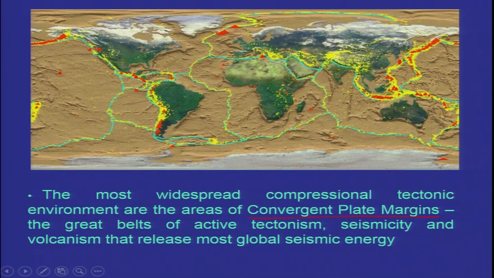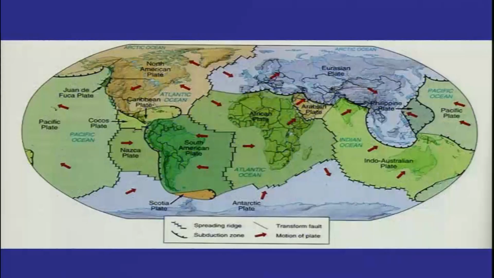So these are the locations where most of the global energy is released. As we were talking about the subduction plate boundaries, we have them over here, which have been marked here, or the collision plate boundary, and somewhere in this portion also you can see here.